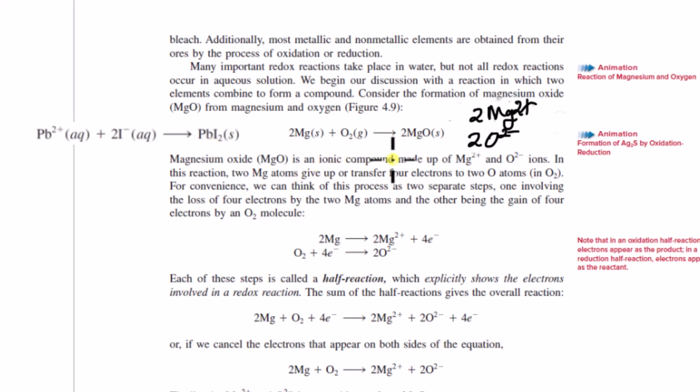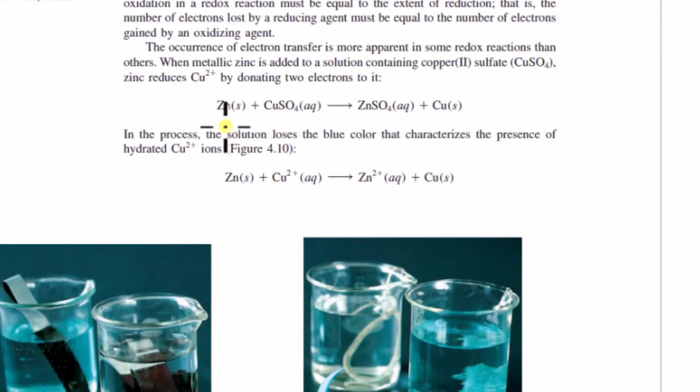Okay, and so again, this redox reaction didn't take place in aqueous solution, but we looked at 2 other redox reactions that did take place in aqueous solution. So here you can see we've got solid zinc in a copper(II) sulfate aqueous solution that results in a chemical reaction taking place.